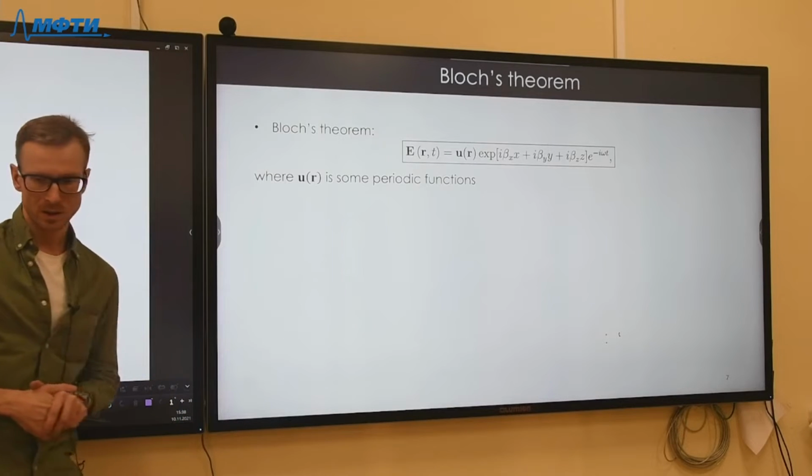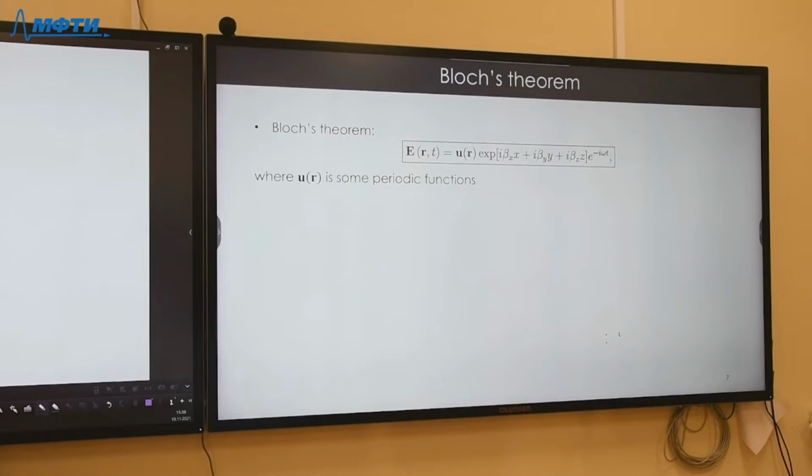Now, how do we actually find waves that can propagate in periodic systems? We need some general statements that would tell us how the eigenmodes of any given periodic system behave, because what we want to find in the end is a spectrum of some propagating solutions, or localized solutions, or waveguide modes, or whatever we are looking for.